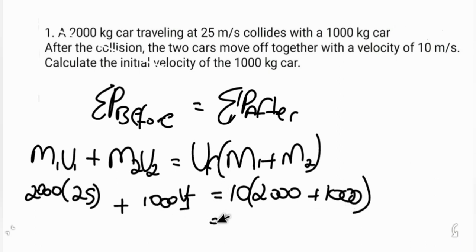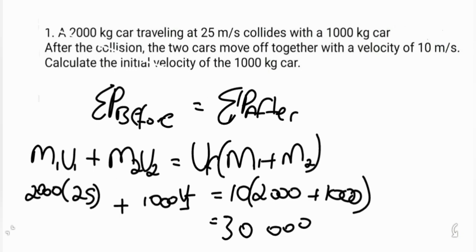If you punch this on a calculator, 10 times 2000 plus 1000, on your right hand side you're going to get 30,000.